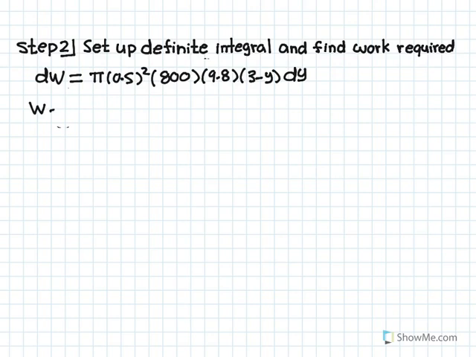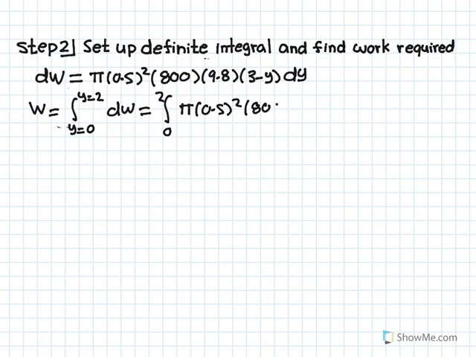So work is the integral from y equals 0 to y equals 2 of dW. So work is the integral from 0 to 2 of pi times 0.5 squared, times 800, times 9.8, times 3 minus y, dy.